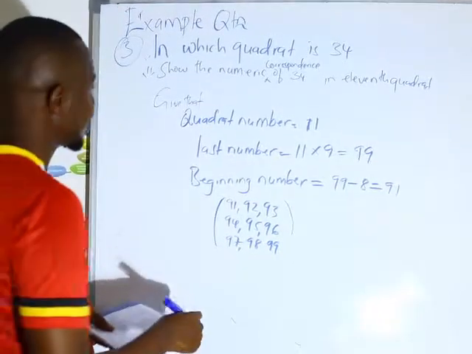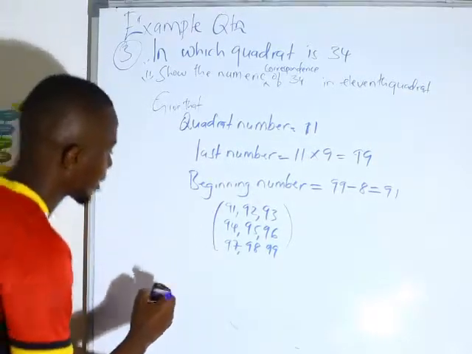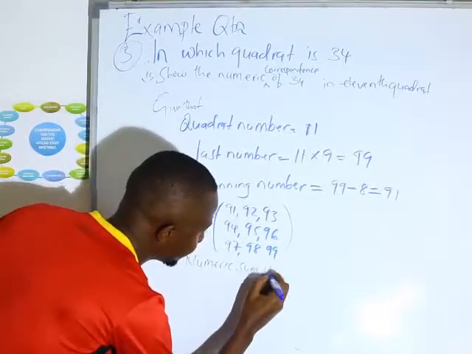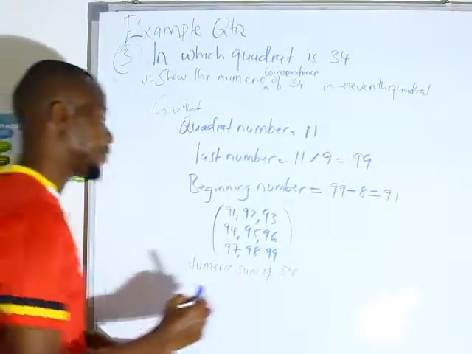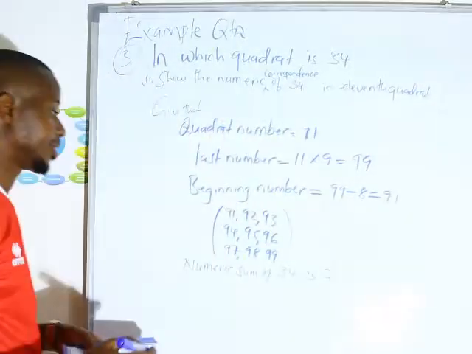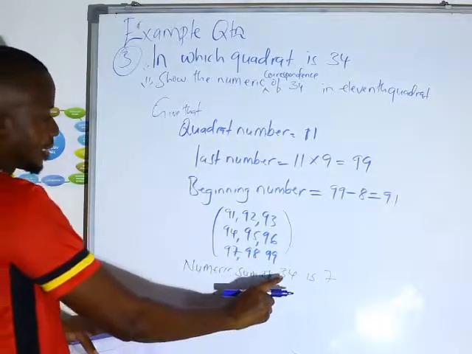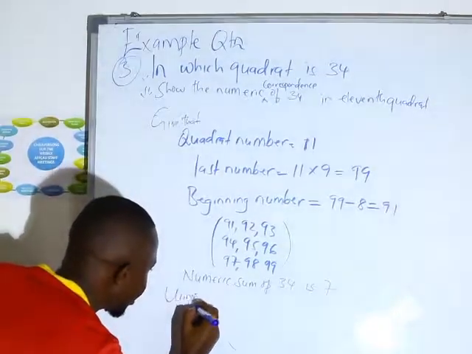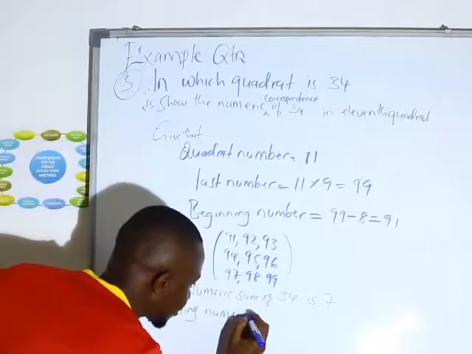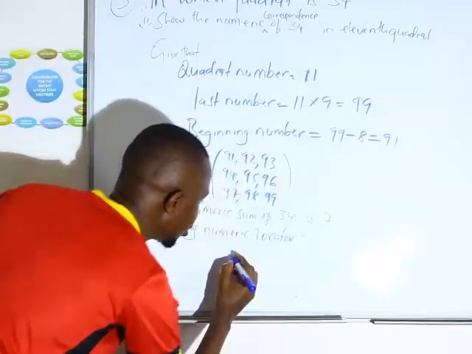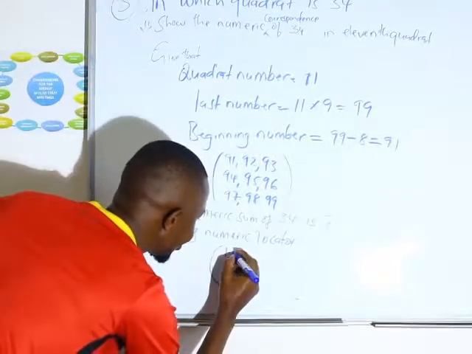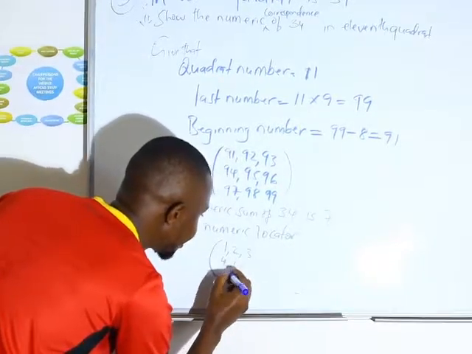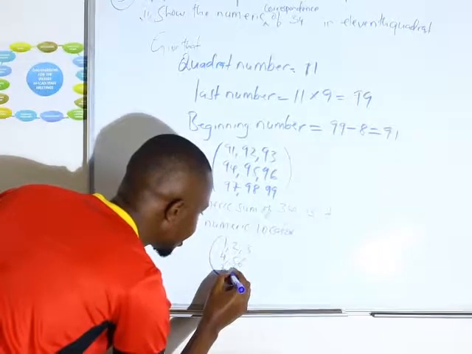Since the numeric sum of 34 is 7, by adding 3 plus 4, then using our numeric locator, 1, 2, 3, 4, 5, 6, 7, 8, 9.